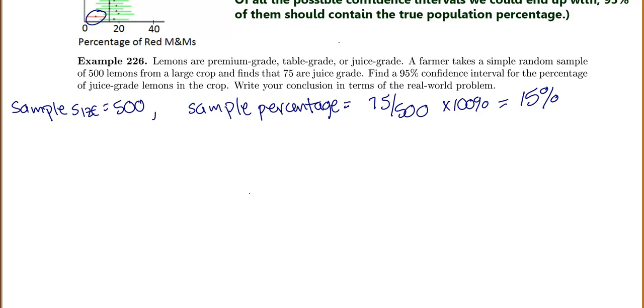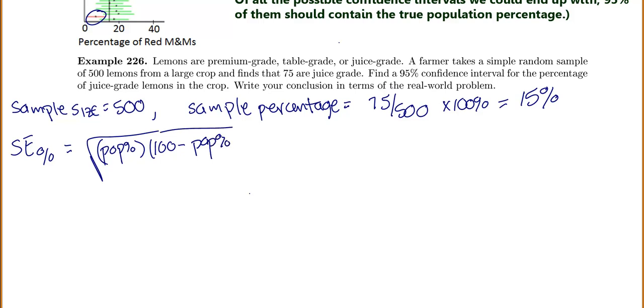We need to calculate our standard error as a percentage. So it's the square root of the population percentage times 100 minus the population percentage, over the sample size, which is approximately equal to, because once again, since I don't know the population percentage, I'm going to estimate it with the sample percentage.